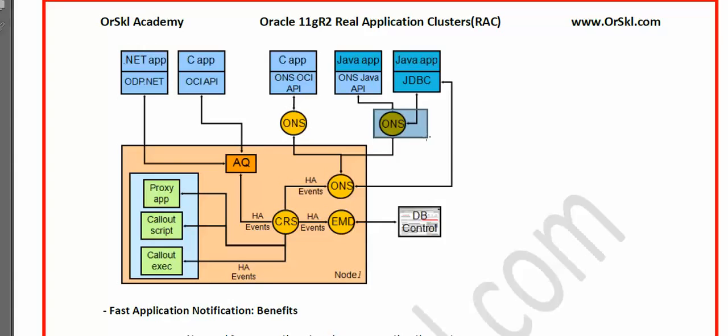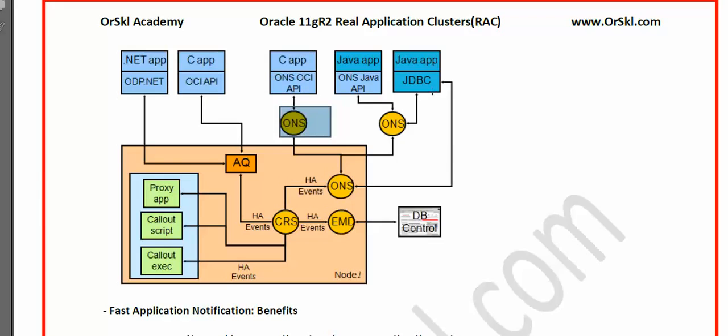You should also have applications which are compatible with this. If you observe very carefully, .NET cannot actually be compatible with the Oracle notification services, and direct OCI APIs are also not possible. But instead, if you use ONS-based applications written in C, they can have ONS configured.